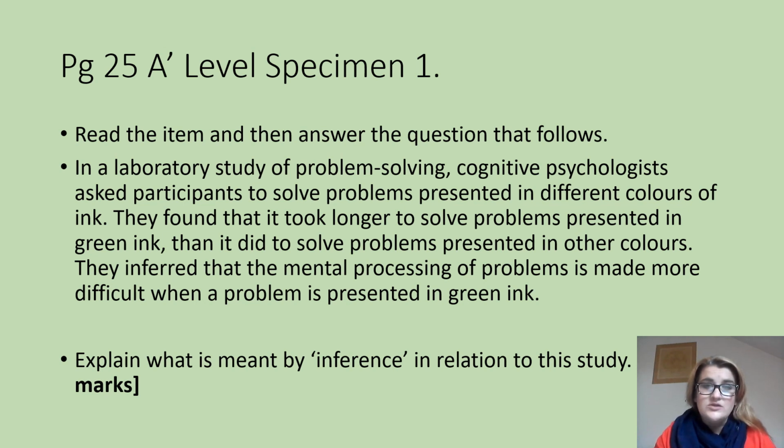So what can the cognitive psychologist infer, i.e. presume, about problem solving and the presentation of the problem solving in the different colours? You might feel, oh, I'm repeating what's in the scenario. You are a little bit, but you've got to explain what inference is.